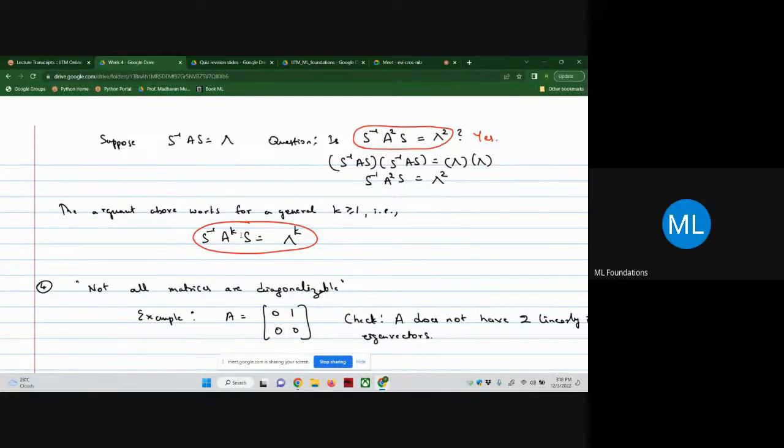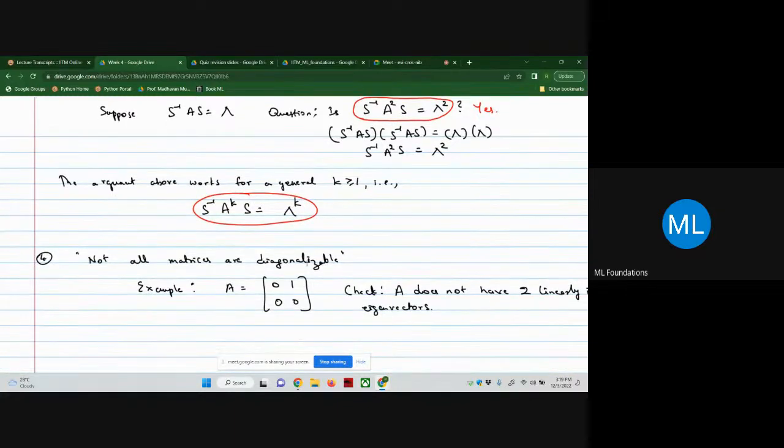S inverse A^k S is going to be equal to lambda^k. The eigenvalues of A^k are going to be the eigenvalues of A raised to the power k, that is lambda^k. So using the same thing, S inverse A^k S is equal to the diagonal matrix raised to the power k. Clear?